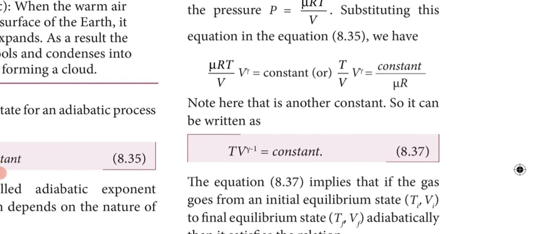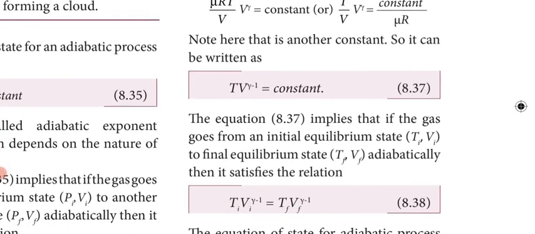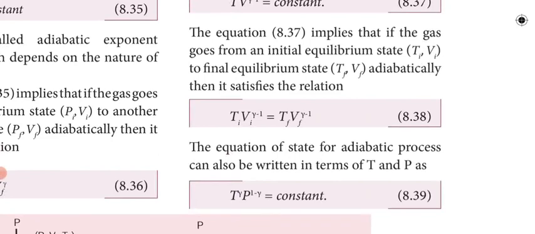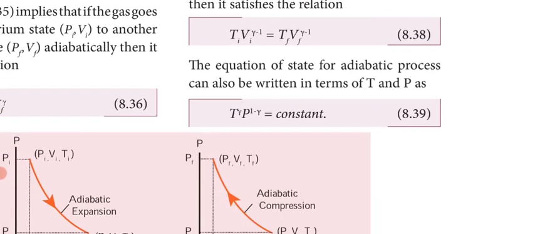So T V^(nu minus 1) is equal to constant by mu R, which is another constant. So T V^(nu minus 1) is equal to a constant. This implies that if the system goes from an initial equilibrium state to a final equilibrium state adiabatically, then it satisfies the relation Ti Vi^(nu minus 1) is equal to Tf Vf^(nu minus 1).